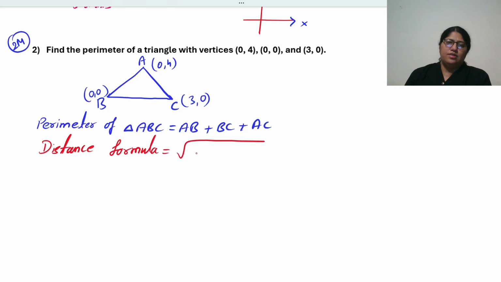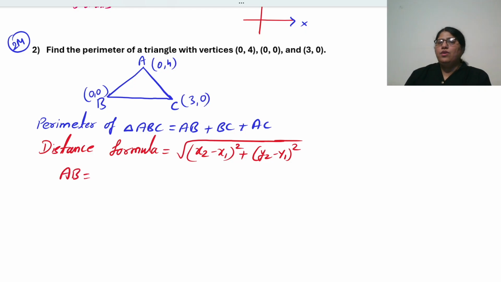So let us write down here the square root of x2 minus x1 whole square plus y2 minus y1 whole square. Correct? So let us start with the AB length. What is going to be the AB length? A to B. Now, if you remember, we have learned one more formula. This is nothing but the origin.